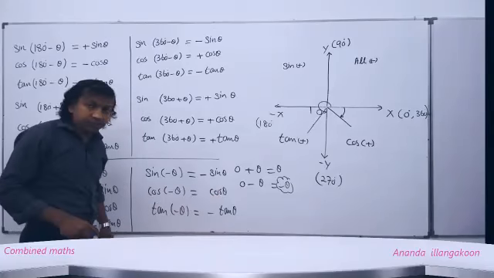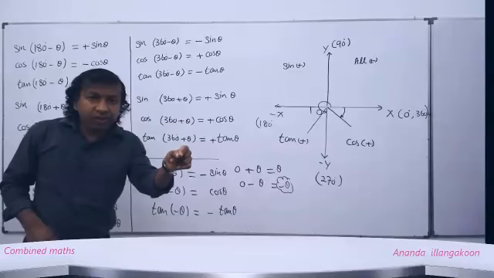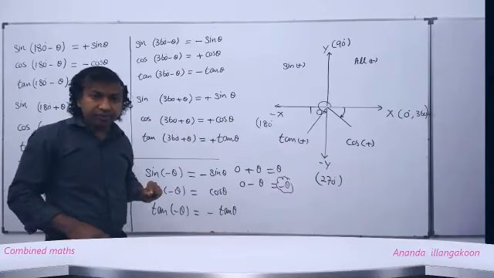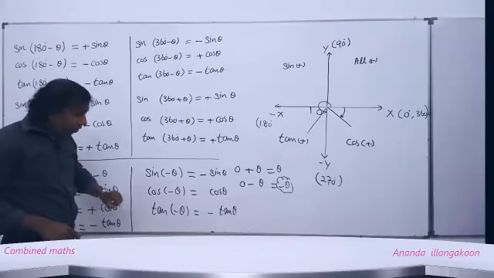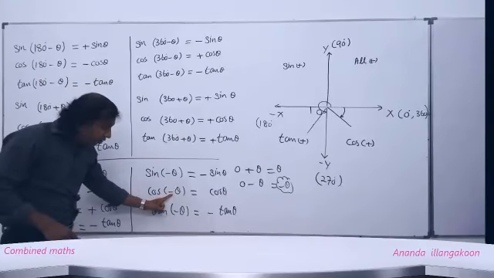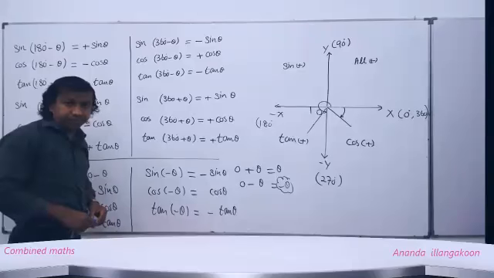That means cos of minus angle is equal to cos of that angle without the minus sign. So when we have the minus sign with the angle, we can write the same thing without it. Cos minus theta is cos theta.